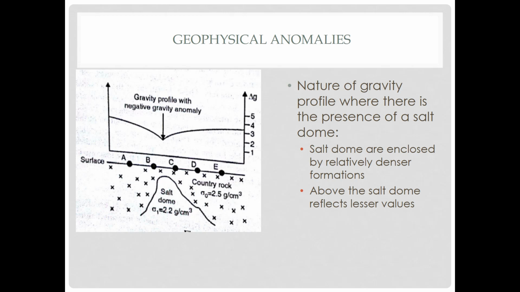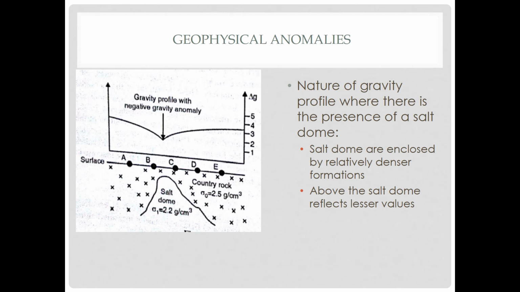So salt domes are normally enclosed by a relatively denser formation, so heavier formation enclosing the salt dome. So as we can see, the country rock here is heavier than that of the salt dome, with a density of 2.2 gram per cubic centimeter.